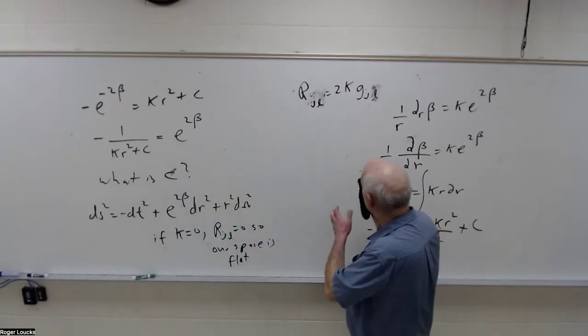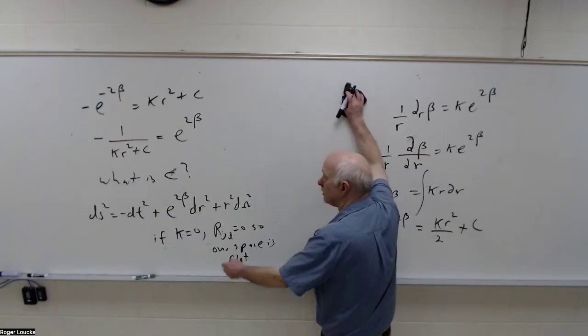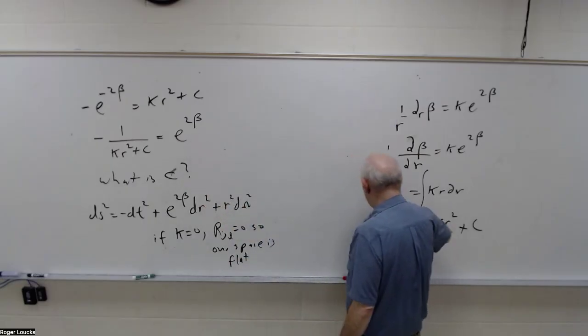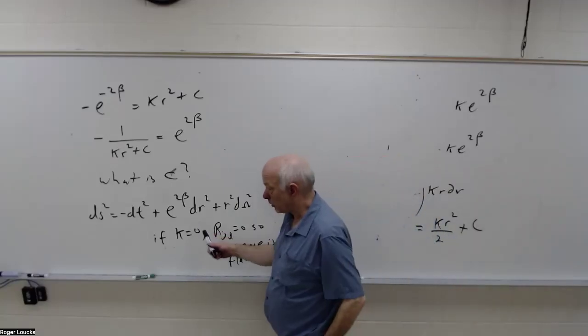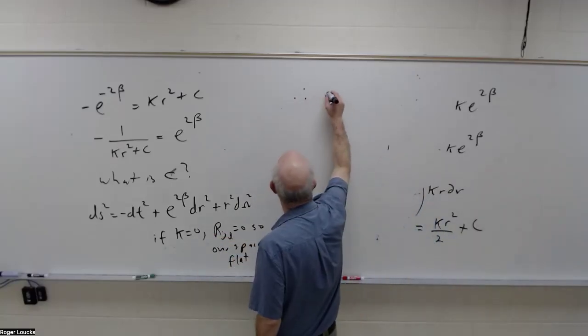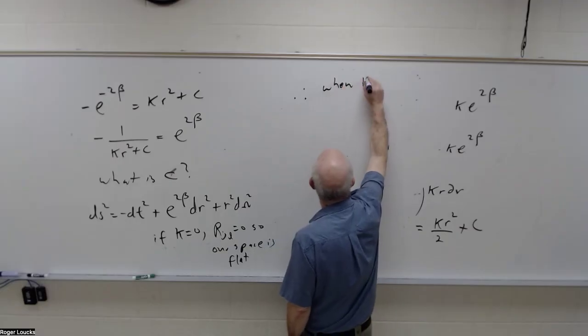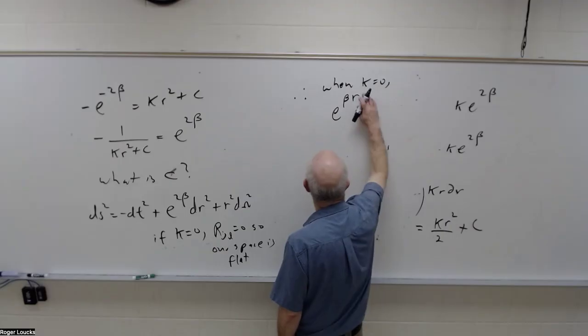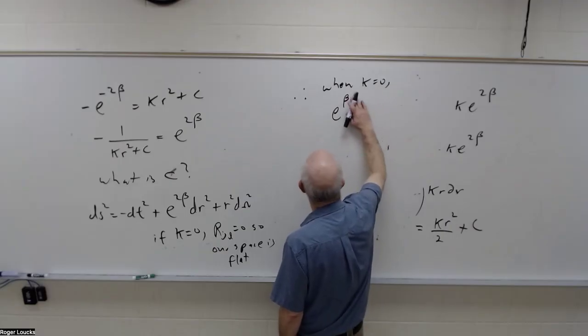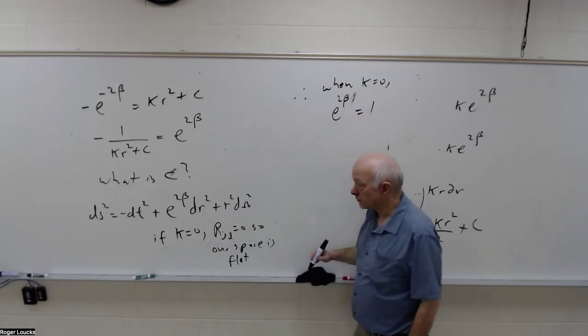And then what does that mean if we have flat space here? It means that this e to the 2 beta then, in that case, it better be what then? It better be 1. So therefore, when k equals 0, this 2 beta, it better be 1.